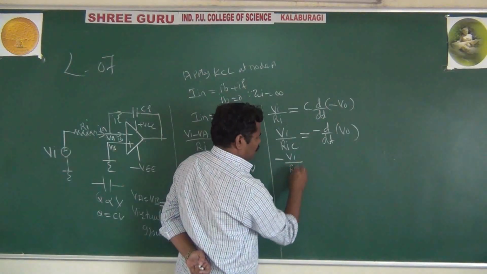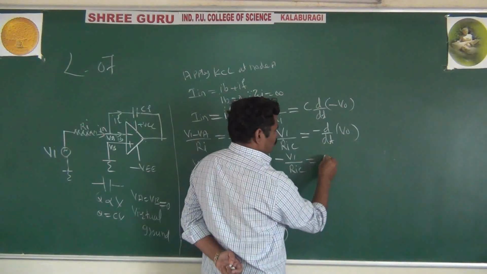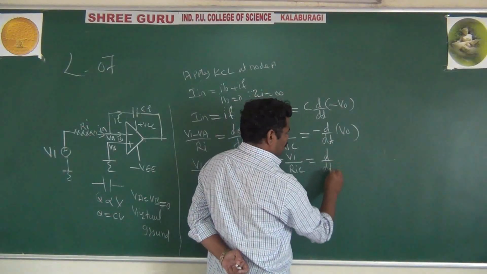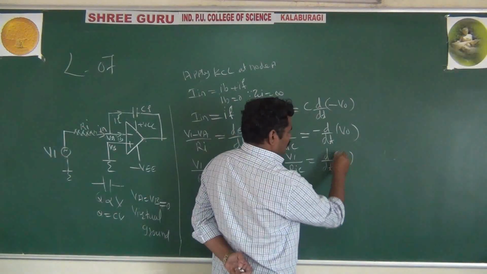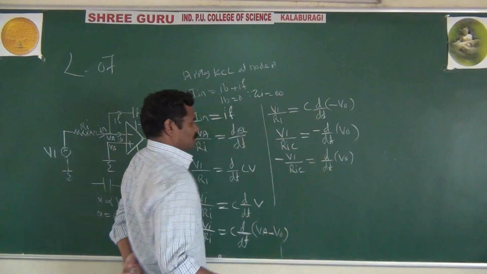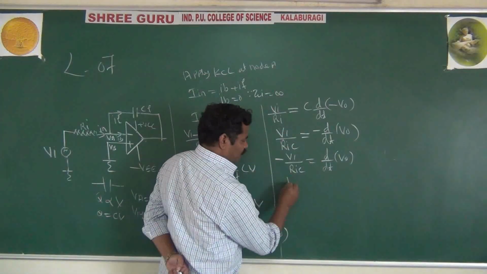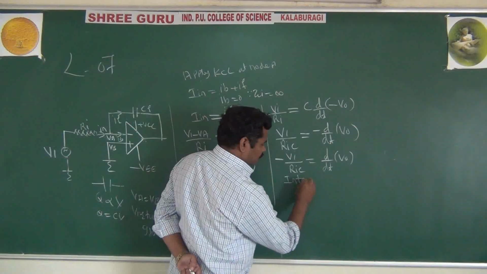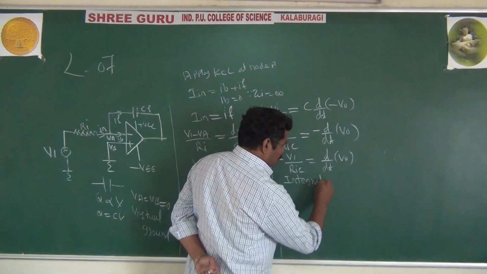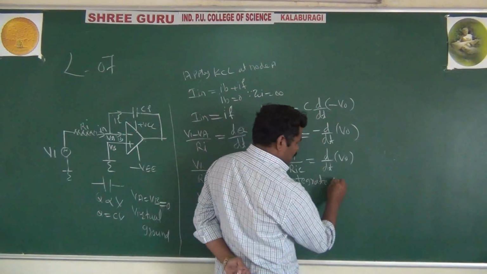Now you have to remove d by dt, so integrate on both sides.